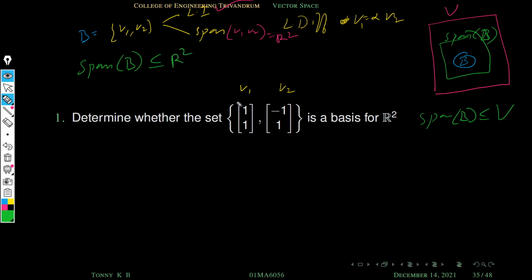That is from our property of the spanning set. Then we have to check whether they are equal or not.